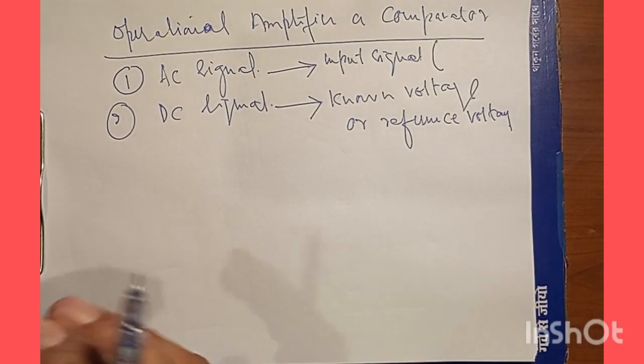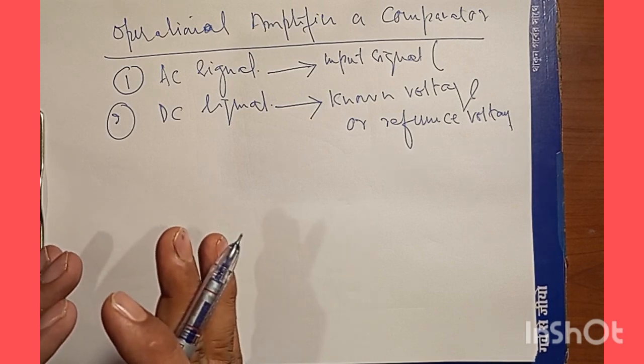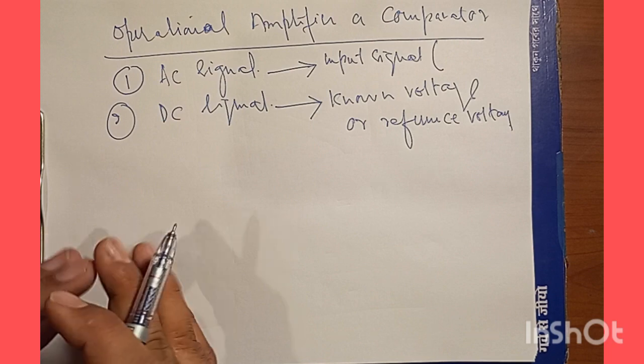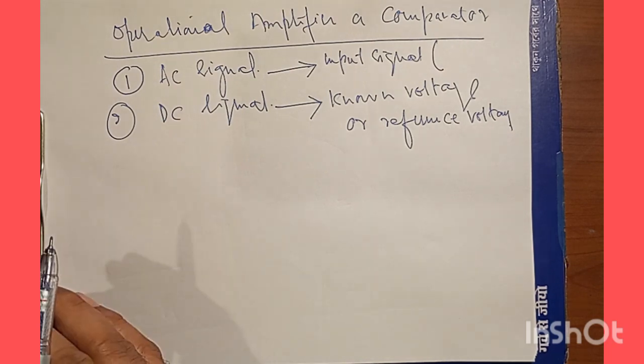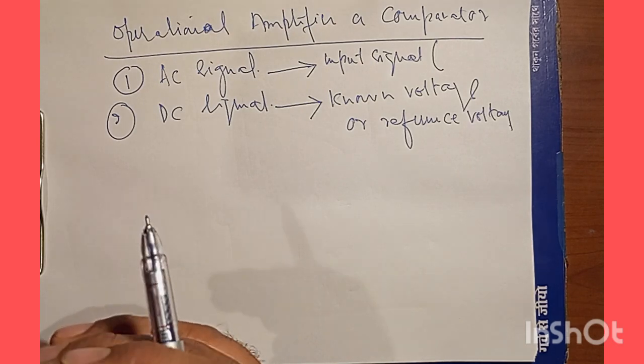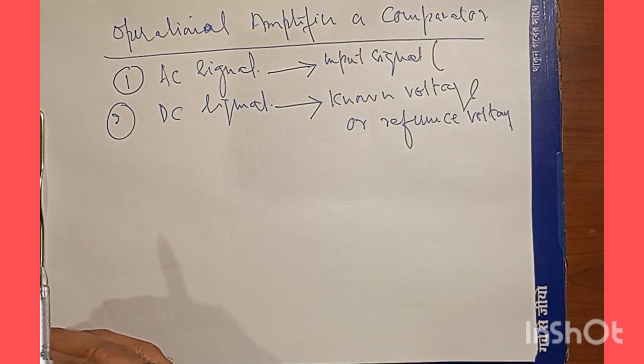And the signal that's input, which has to be compared with the reference voltage, its nature is alternating, and the reference voltage with which we have to compare this AC signal is the DC signal.